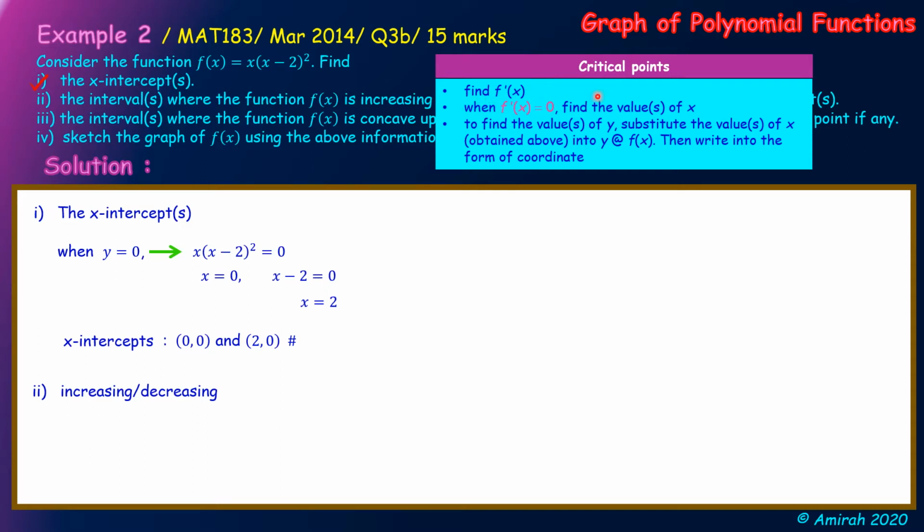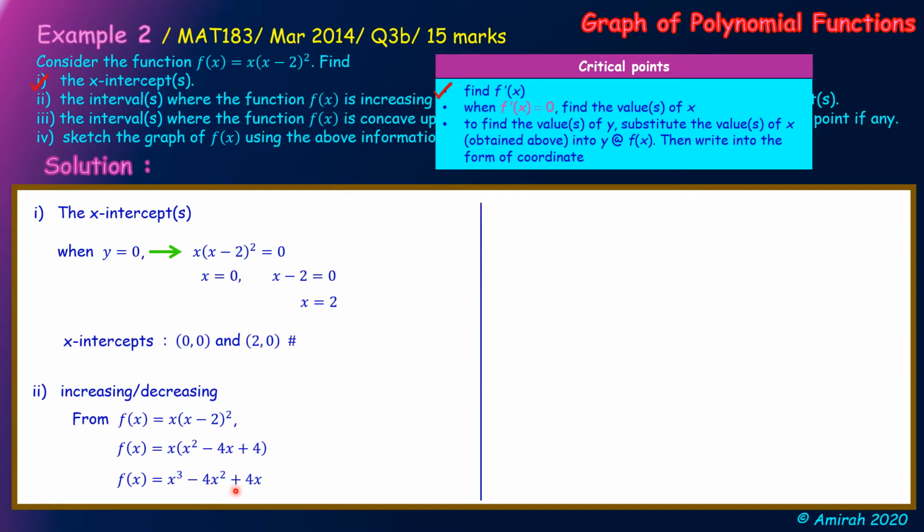To find the critical points, first find f prime x. We refer to f(x) equals x times x minus 2 squared. Then we expand, so we have x times x squared minus 4x plus 4, and f(x) equals x cubed minus 4x squared plus 4x.